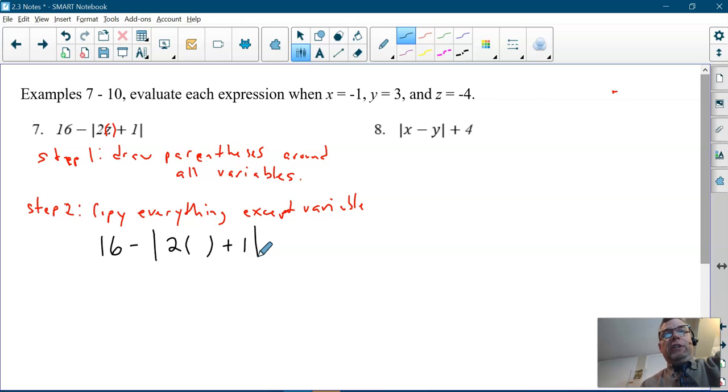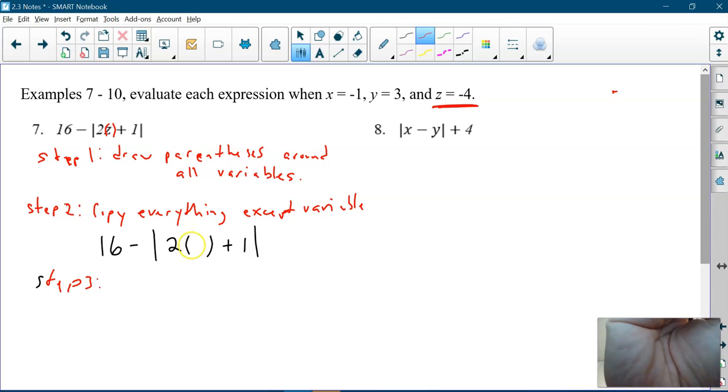Okay, step 3, I'll go back to the red here. Step 3 is to replace the variable with its value. For example, we know in this problem z equals negative 4. So we're going to end up putting negative 4 into our parentheses. So replace the variable with its value.